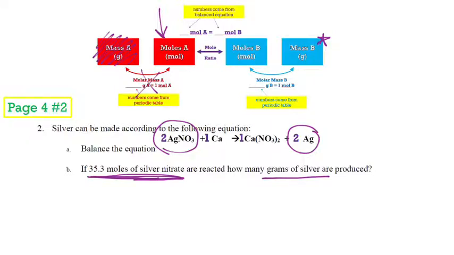So this means I'm going to have to do 2 different steps to get there. That first step is going to be the same as before. We're going to use the balanced equation to convert from one of these things to the other. And if you notice, because I circled these things in the equation, it's almost like I don't have to write them out up here. This is 2 moles of AgNO3 to 2 moles of Ag.